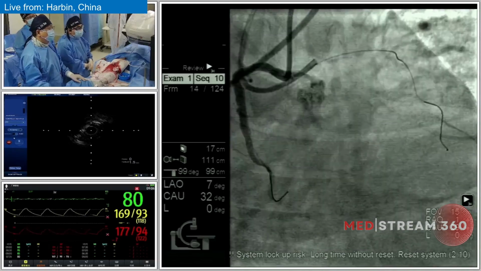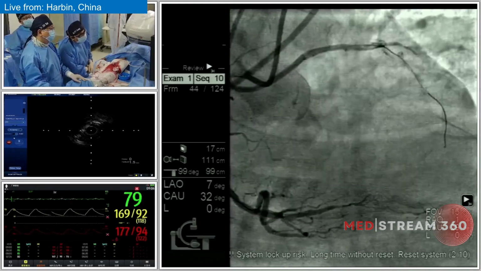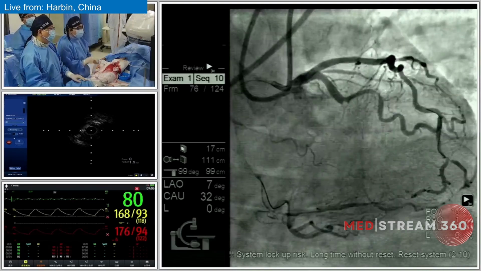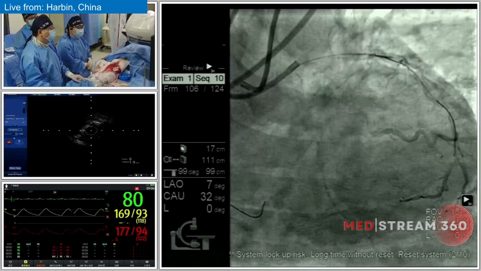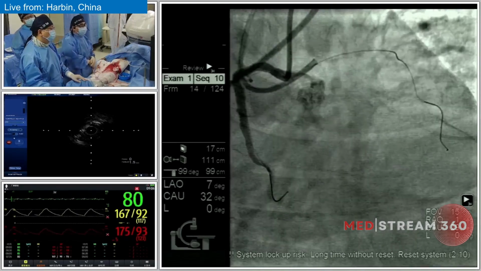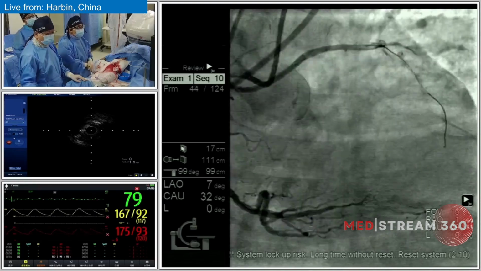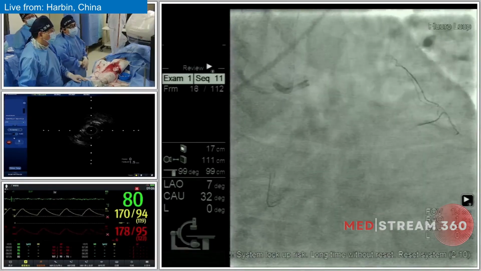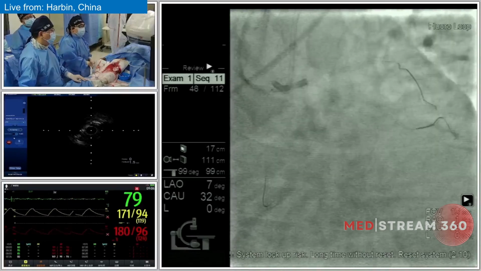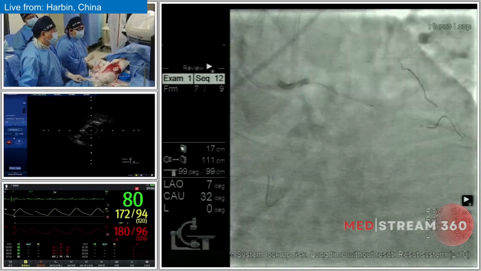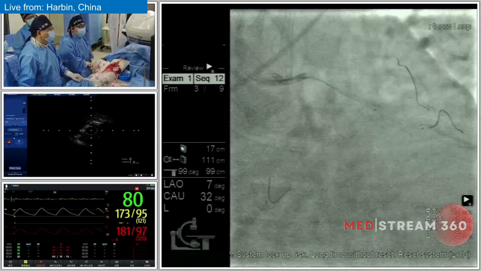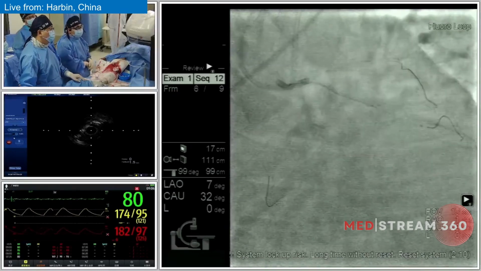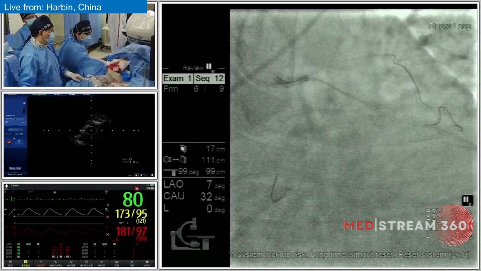And for this patient, the antegrade approach is our first choice. If the wire reaches the distal true lumen, of course, this is a good result and we will quickly finish the case. Otherwise, if the wire enters the subintimal space, as we know the extraplaque, then we will perform the re-entry.